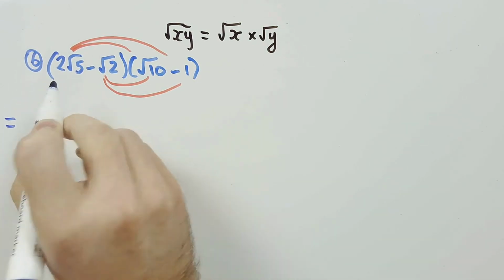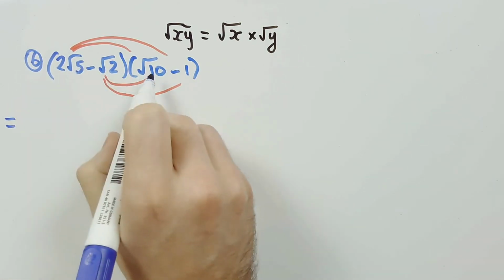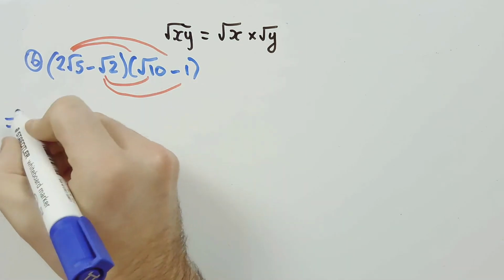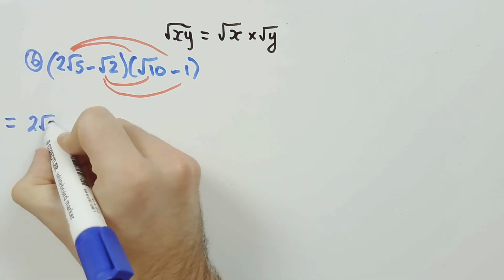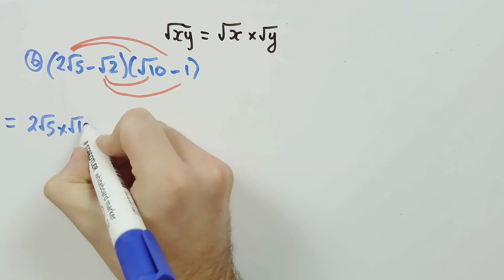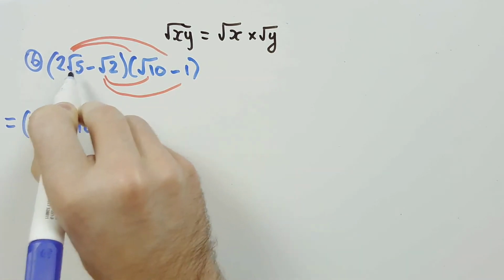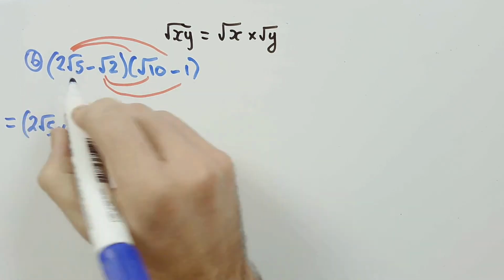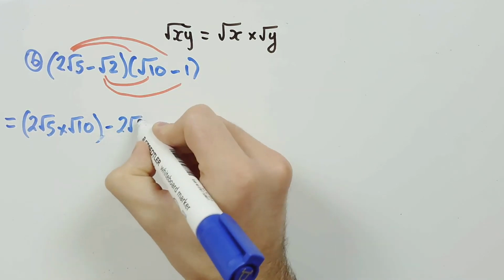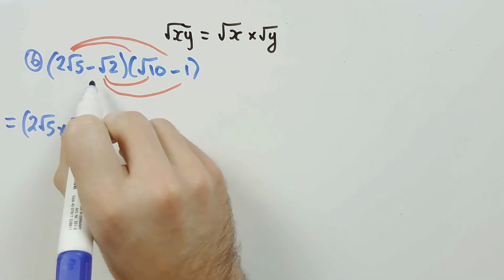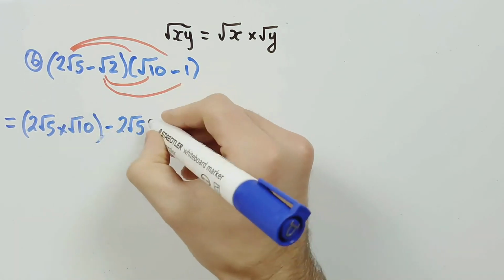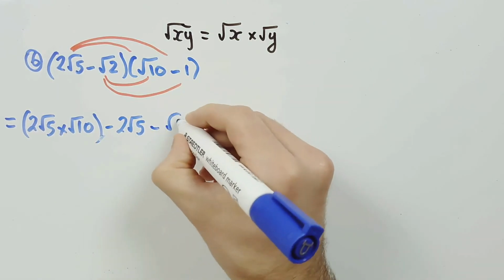So first we have the first component in the first brackets multiplied by the first component in the second bracket. So we have 2 root 5 times root 10. And then we subtract 1 times 2 root 5, so minus 2 root 5. Then we subtract root 2 times root 10.